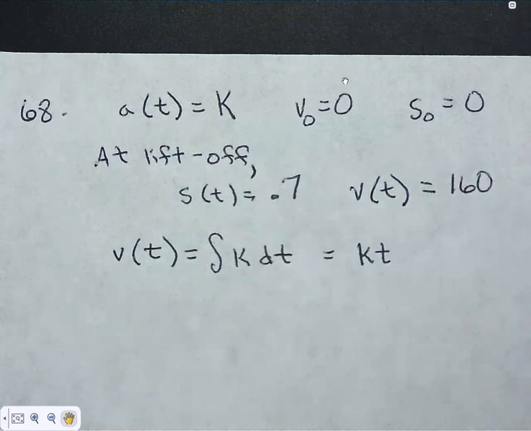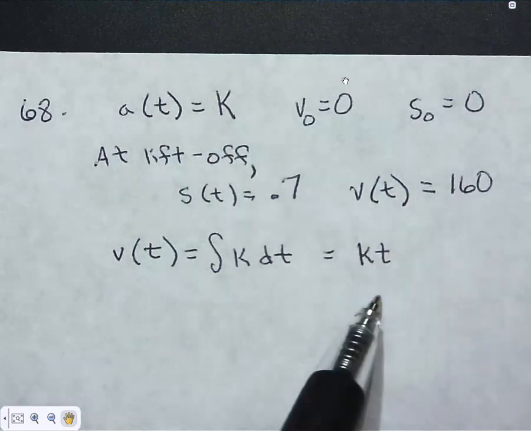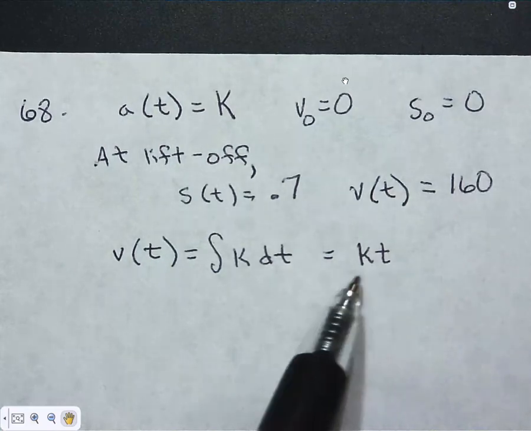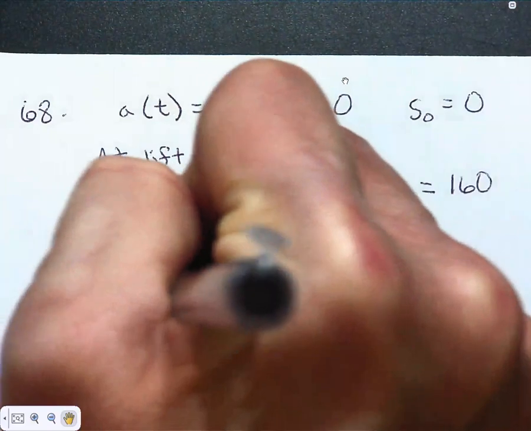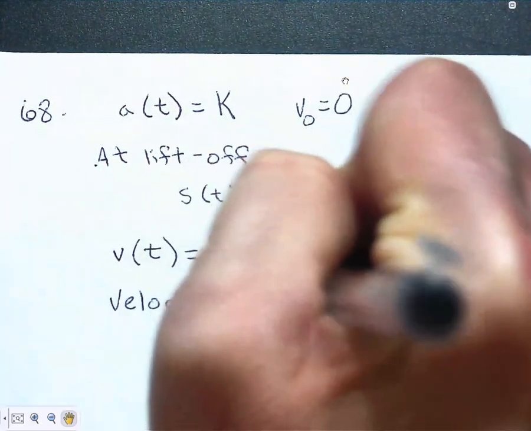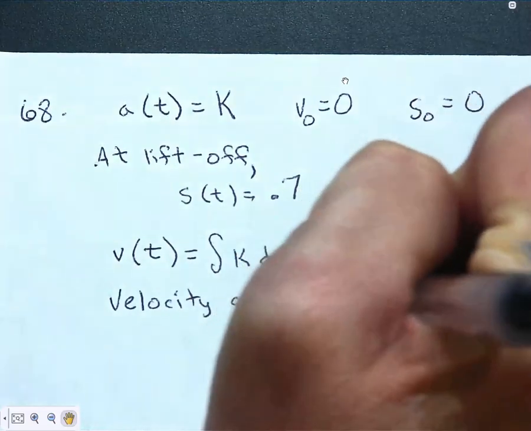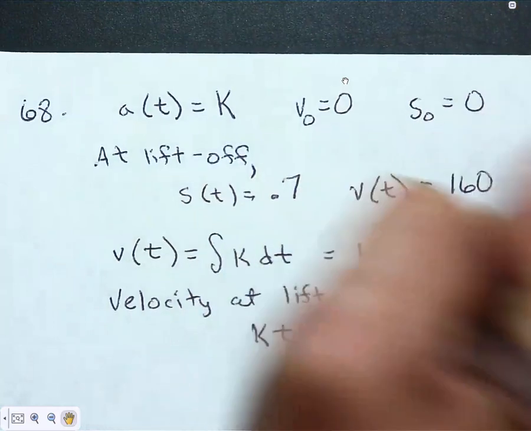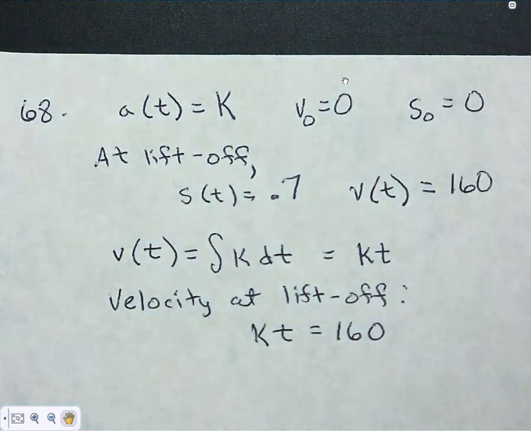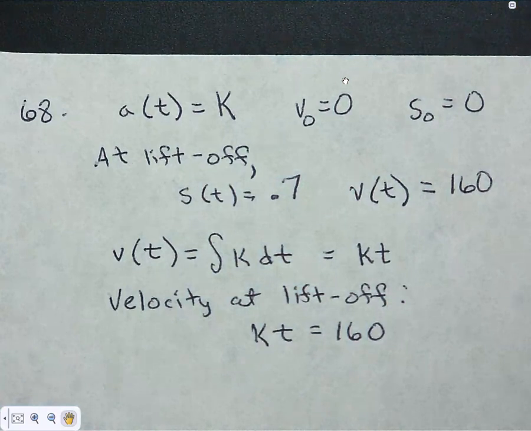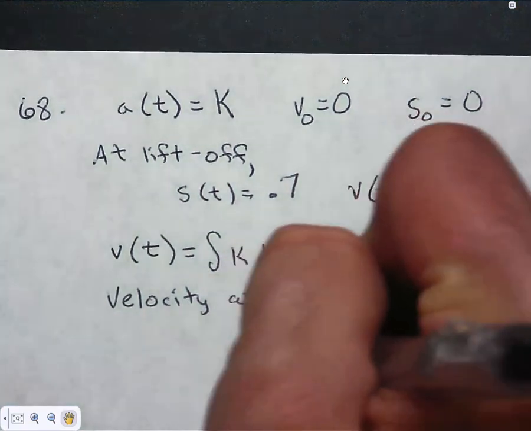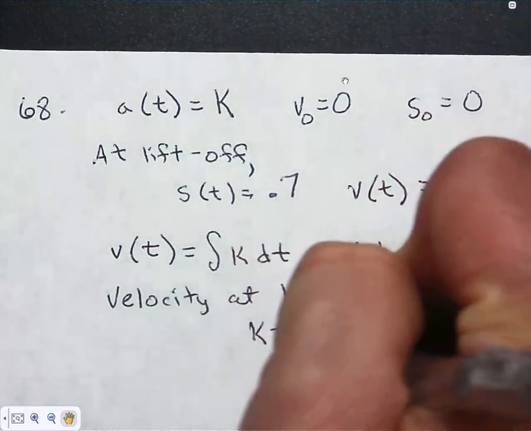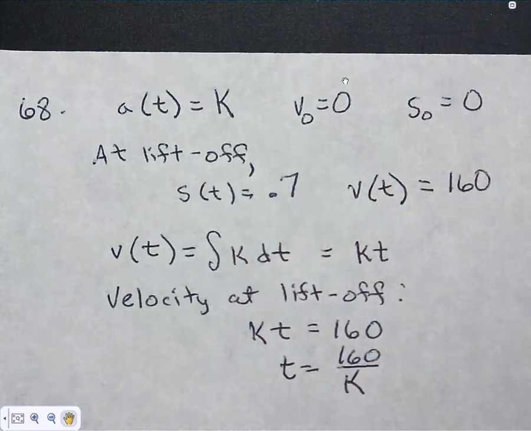I know that the velocity at liftoff is 160, so at some point, that constant times t is going to be 160. Again, I can't find exactly what time the plane lifts off, but I can solve that equation for t in terms of whatever that constant acceleration is. The time at liftoff is going to be 160 divided by k. I just don't know what that k is yet. That's what I'm trying to find.